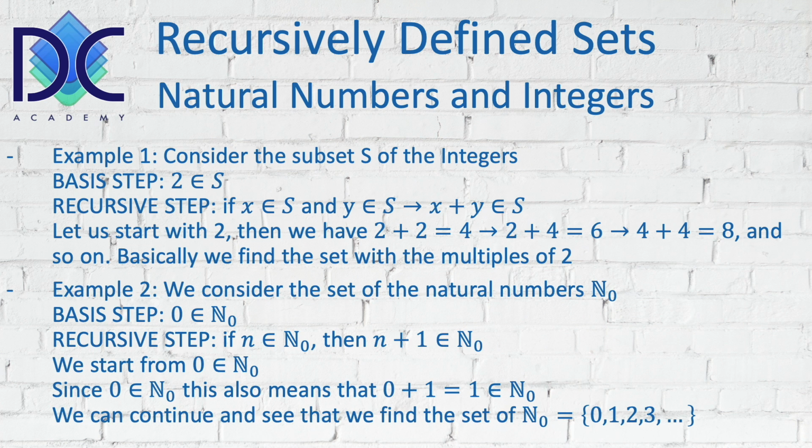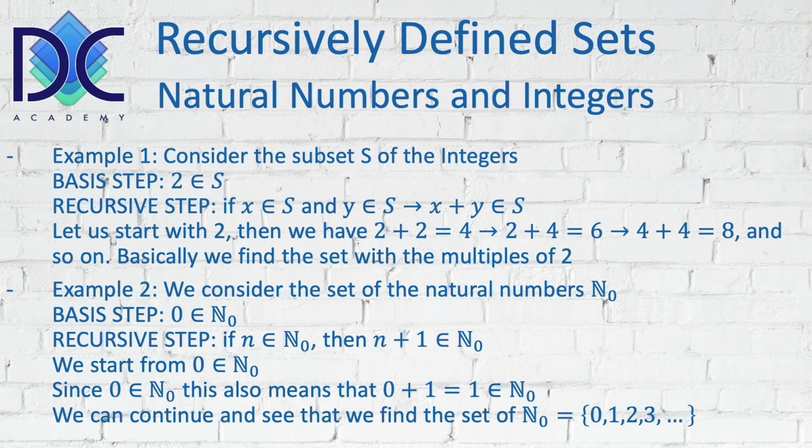Now, we consider the set of the natural numbers, N0. We have to say something about the natural numbers and N0. There are different definitions related to the natural numbers. Some include 0, some do not include 0. Originally, 0 was not included in the set of the natural numbers because they are defined by counting.